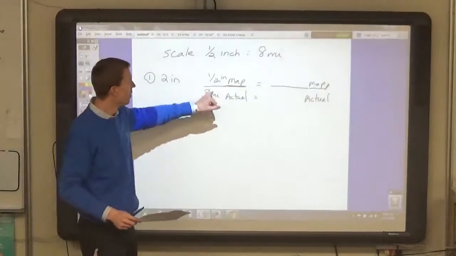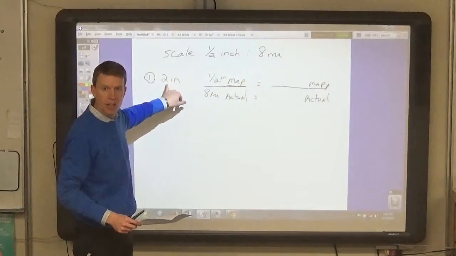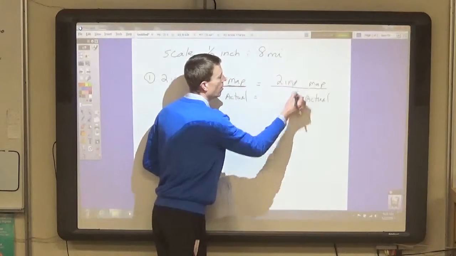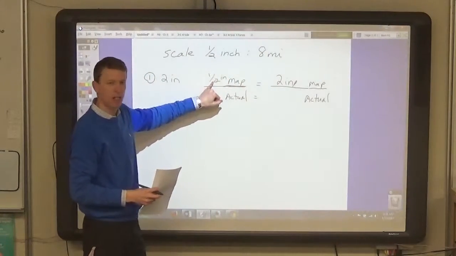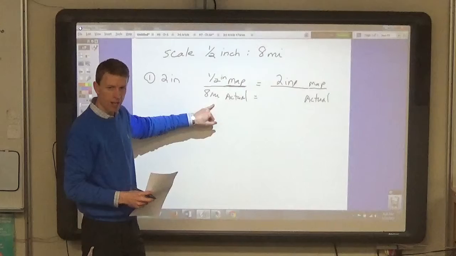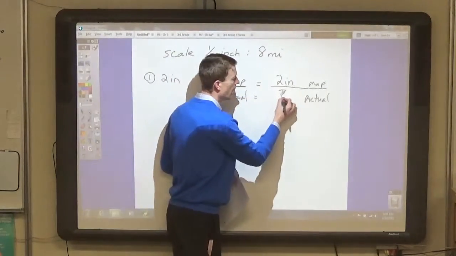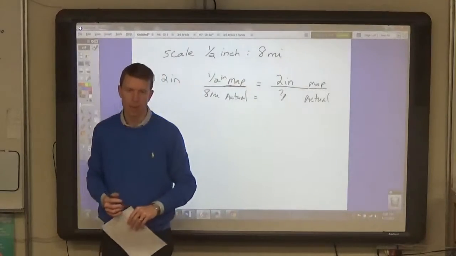Now, if we insert the other number that's given, 2 inches. So 1/2 inch equals 8 miles, and 2 inches equals an actual distance.